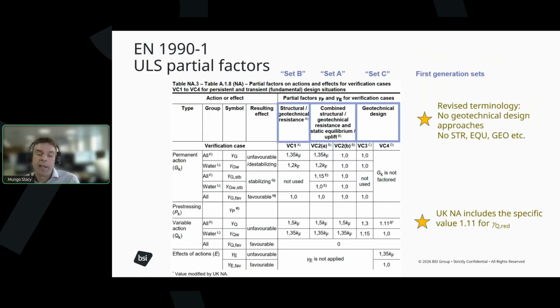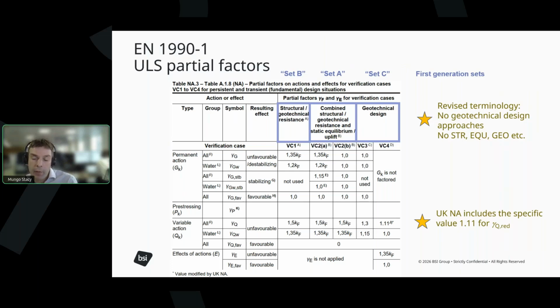In the Annex A, we also have the sets of partial factors. Now, there are some changes here, more to the terminology than to how it actually works in design calculations. And for those who've used and are familiar with first generation Eurocode, you'll be familiar with the STR, EQU, and GEO ultimate limit states, and the corresponding set A, set B, set C partial factors, which were given in some fairly complicated tables as separate sets of partial factors.